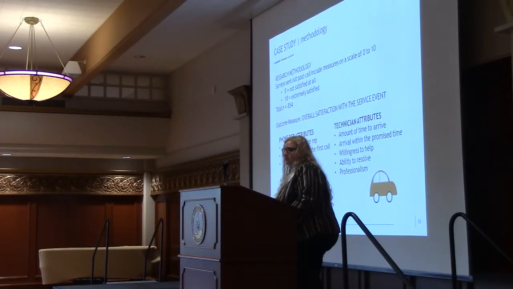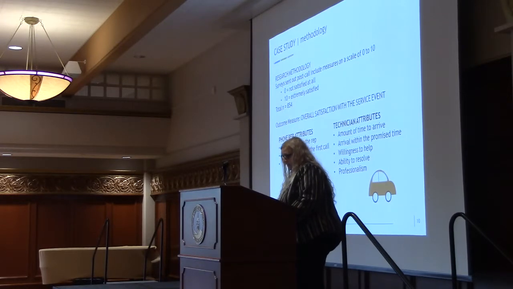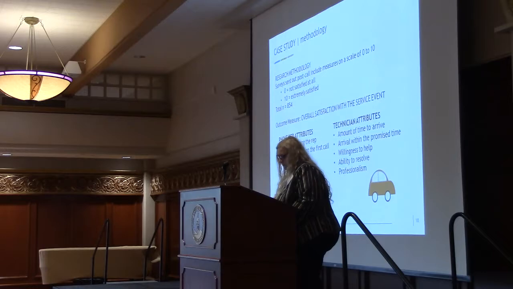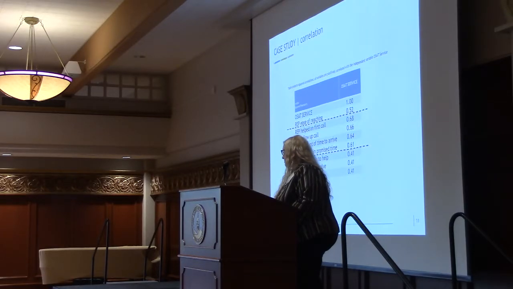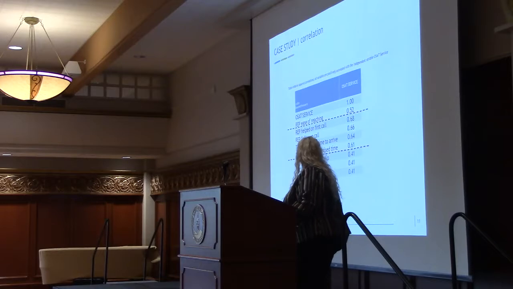All of these are measured on a 0 to 10 scale, where 0 is not satisfied at all, and 10 is highly satisfied. So let's start by looking at our standard measure of how much influence and relationship each of these individual attributes might have with our dependent variable.